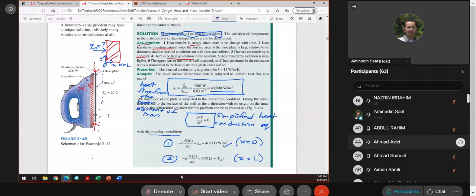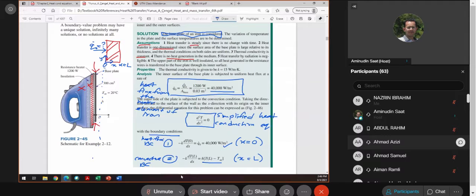And on the right side, because it is exposed to convection, this is the convective boundary condition. This is the heat flux boundary condition, and this is the convective boundary condition. Why? Because at x equals L, the wall is exposed to heat transfer by convection.